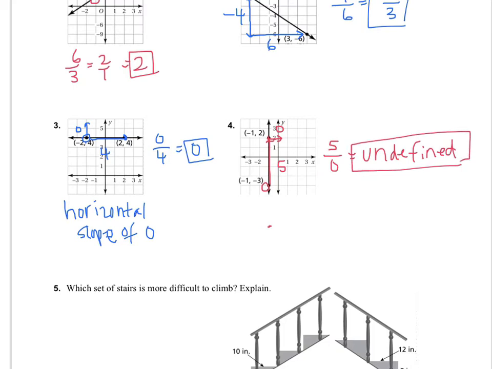So undefined, or sometimes people write no slope. They are the same thing. You pick your preferred way of writing it, and you can write either one. And from our original video, hopefully you go back and look, vertical lines have a no slope or undefined slope answer.